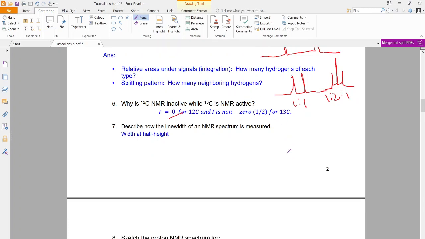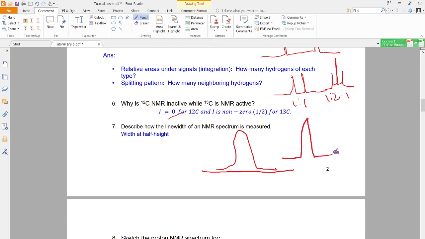Now, describe how the line width of an NMR spectrum is measured. If you remember, this is really a bad drawing, but you get the point. Let me draw that again.